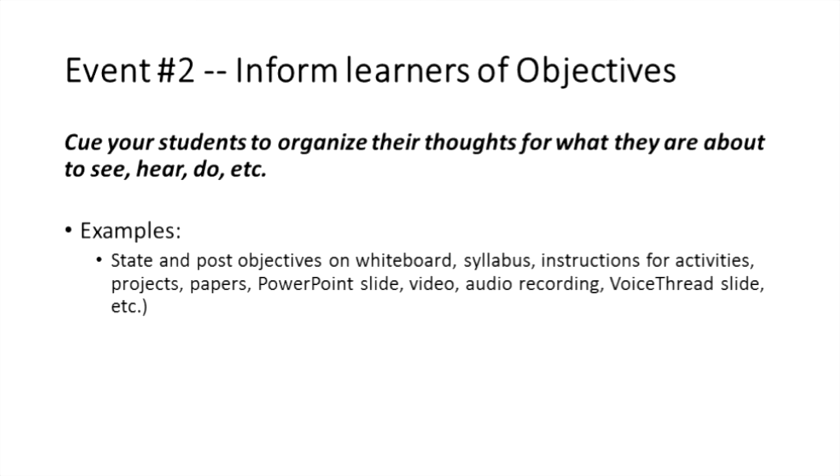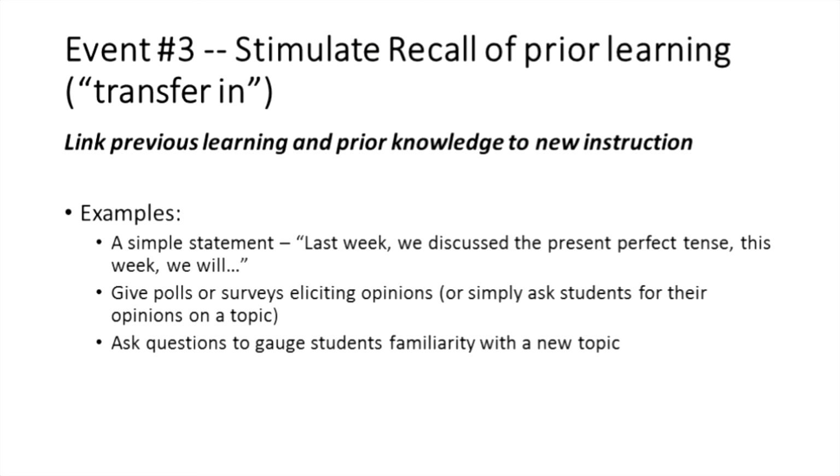You want to cue your students to organize their thoughts for what they are about to see, hear, do, etc. You can state and post objectives on a whiteboard, put them in a syllabus, or put them in instructions for activities, projects, papers, etc. But students need to know why they're there, and what they're going to do and accomplish in a given day or a given unit of learning.